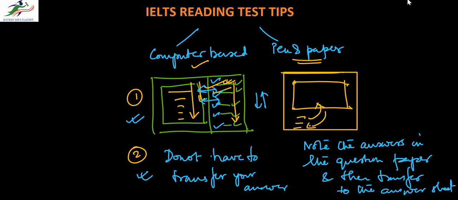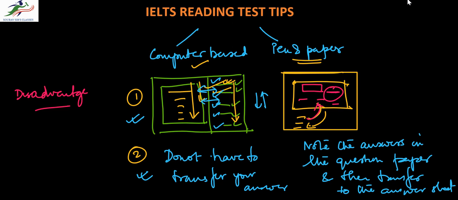However, there is one disadvantage of the computer-based exam, which is in case of pen and paper, you can underline the keywords as you are reading the passage so that it becomes very easy for you to find the answers when you read the questions just by looking at the keywords that you have marked.